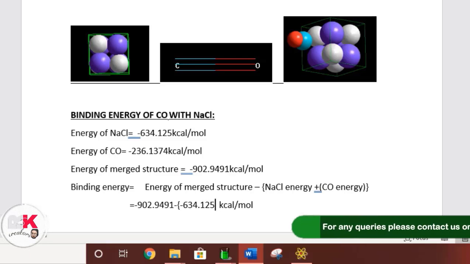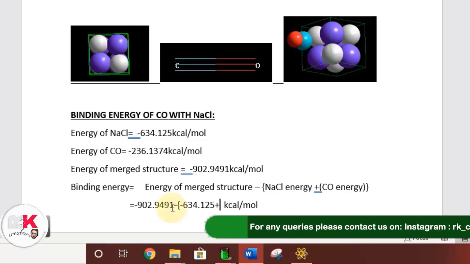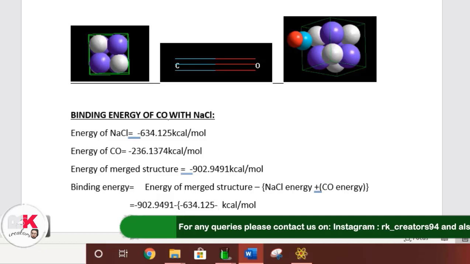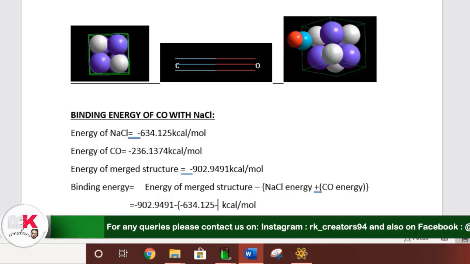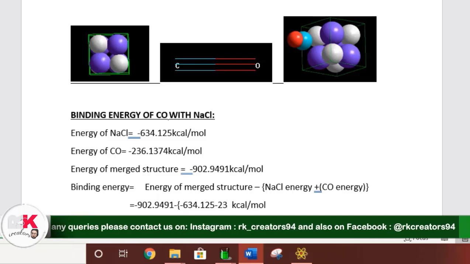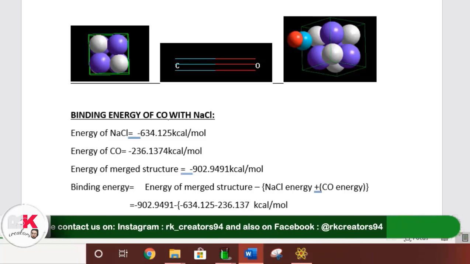The plus sign and the negative sign of the carbon monoxide energy become equal to a negative sign. Plus minus always goes to the negative. Then write the energy of carbon monoxide, which is 236.137 kcal.